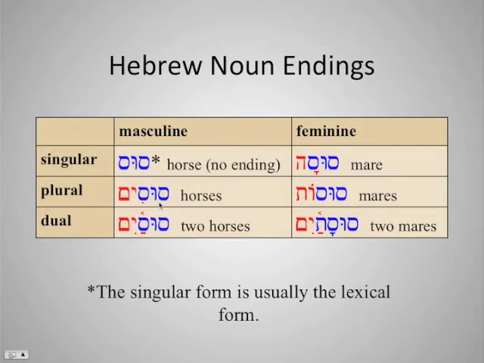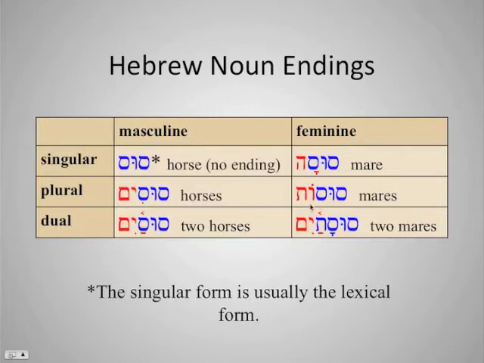So we add im to the end of sus, samek, shurik, samek, and we get the word susim. We translate that as horses. So it essentially takes our masculine singular term sus and pluralizes it to susim, horses. And it does that simply by the addition of this ending, the hirik yod mem together.